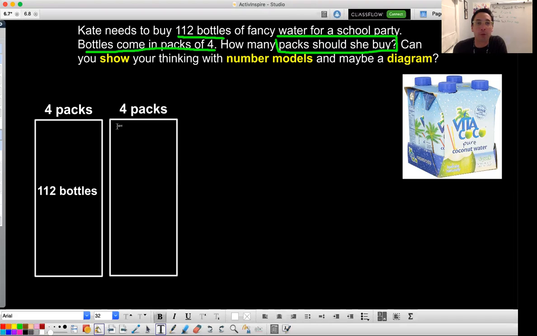So I could do 4 plus 4 plus 4 plus 4 plus 4 plus 4 plus 4 forever until we get to 112. But that would take a long time. So I'm going to try to think about some basic facts. 4 times something. So I like my tens. So I'm going to say 4 times 10.